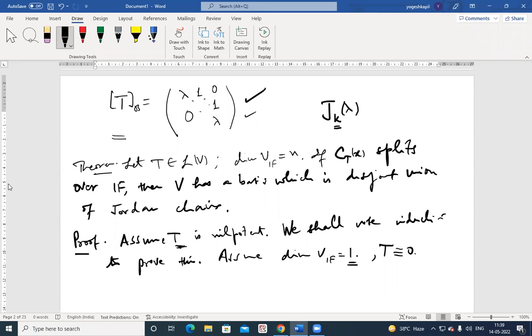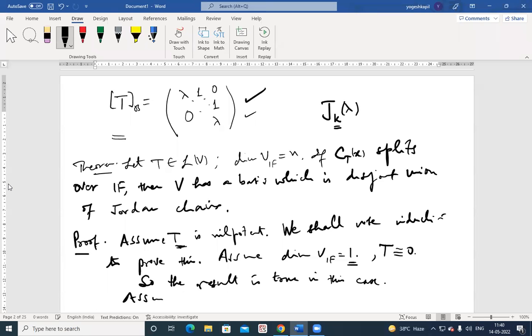So here we shall be now assuming the result is true in this case.